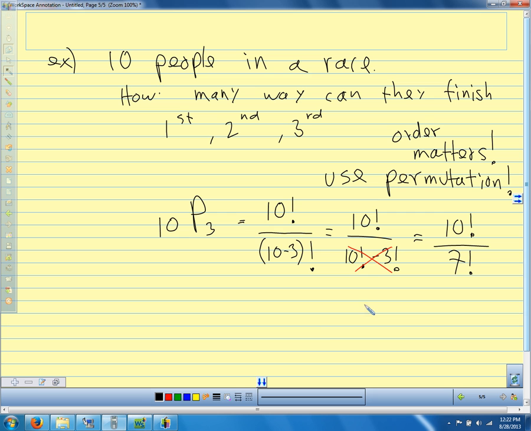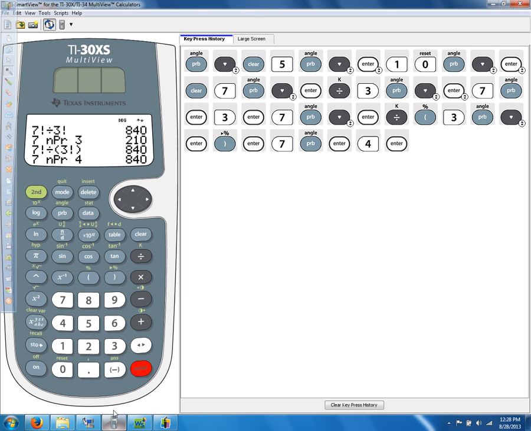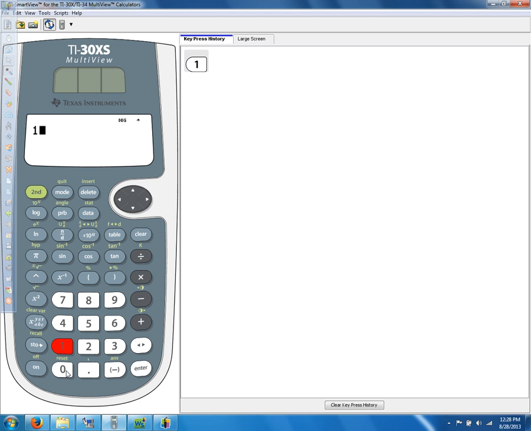Now I'm going to make sure I do it in my calculator correctly this time. Go to my calculator. I'm not going to write out all those numbers. Let me clear this. So I'm going to do 10, go to the factorial, divided by, and we're dividing by 7 factorial.